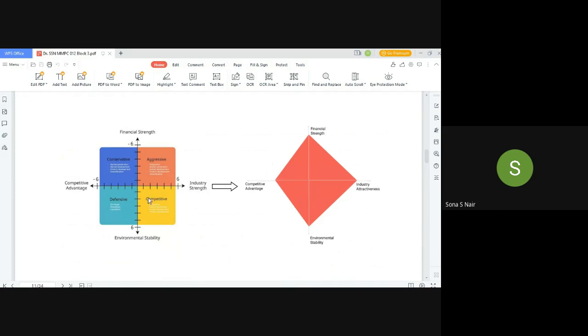And when we place the firm on a 6 point scale in all these parameters, then we come to a diagram like this on the right hand side, the red one. And looking at this, the firm decides where the organization has to focus.